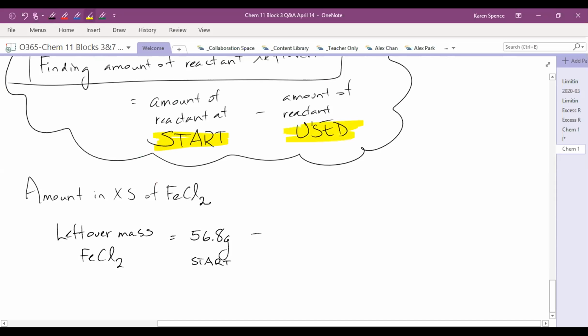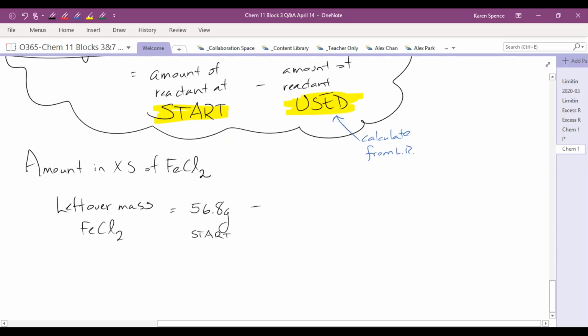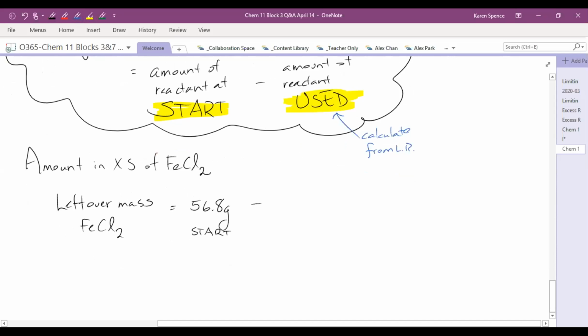This you are always going to calculate from the limiting reactant, because how do we know how much gets used? Well, the limiting reactant gets all used up. How much of our excess reactant do we use in reacting with it? Whew, that was an exhausting sentence.